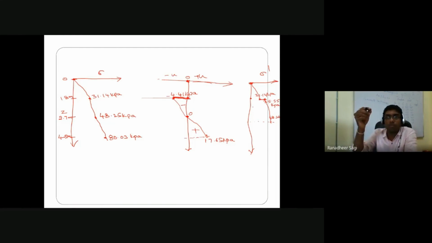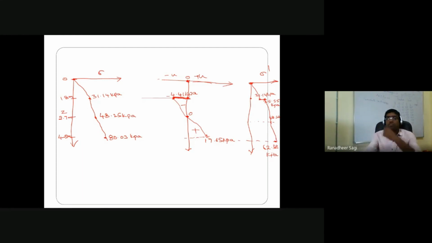Then from 35.55, it is continuously increasing to a value which is 48.26 kilopascal. And at point D position, that is at a depth of 4.5 meter, how much is our effective stress value? 62.38 kilopascal. Okay, so from here to here, once again by means of a straight line.